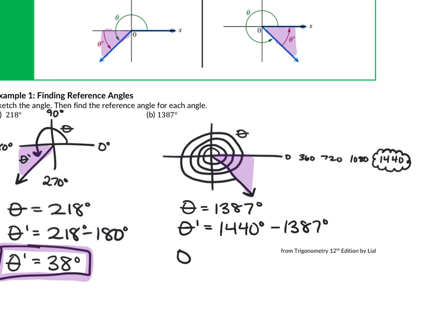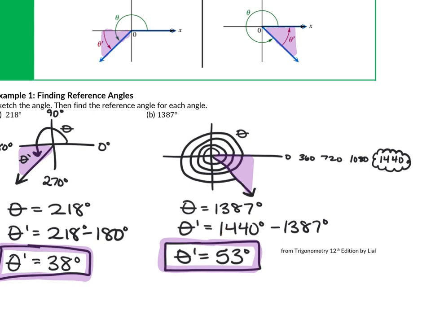That's a calculator question. We'd get that our reference angle, theta prime, is 53 degrees. Now again, in the formula that's in my chart, it just says for quadrant 4 to do 360 minus theta. Why did I choose to do 1440 minus theta?